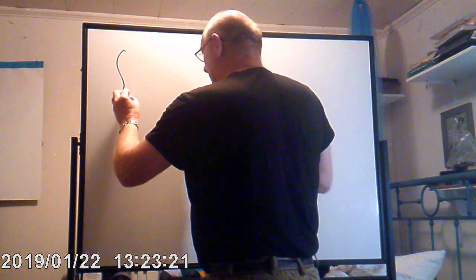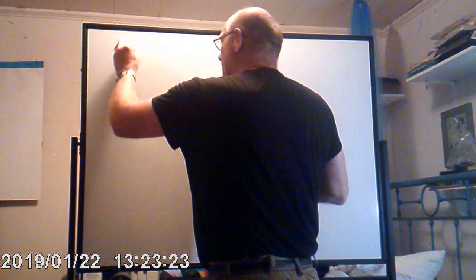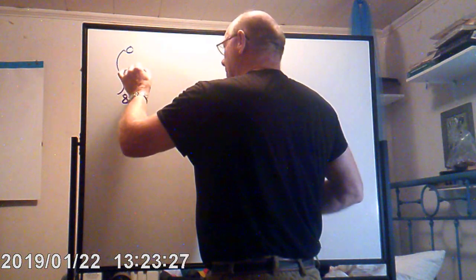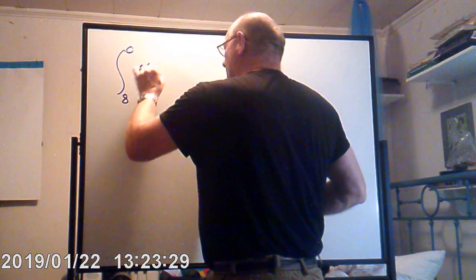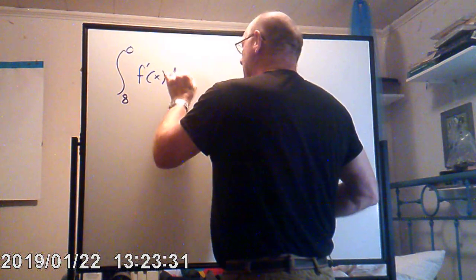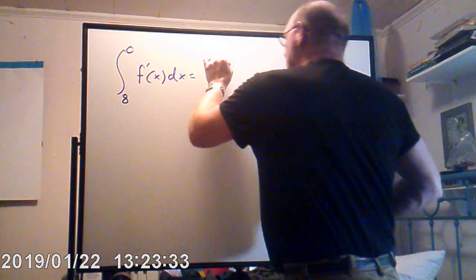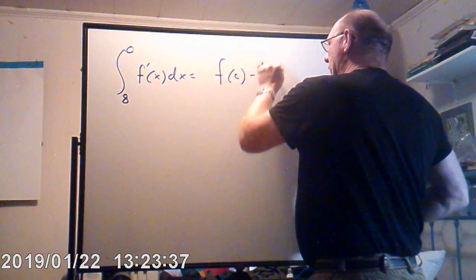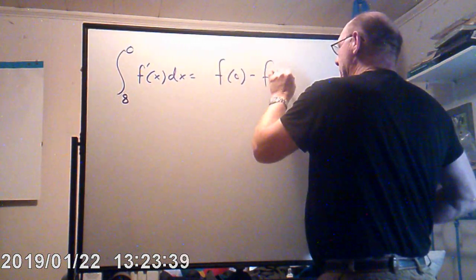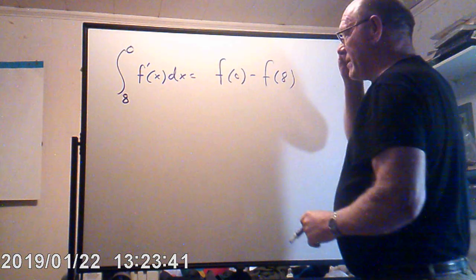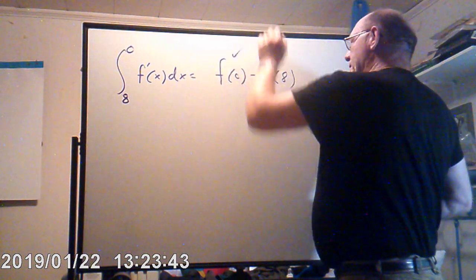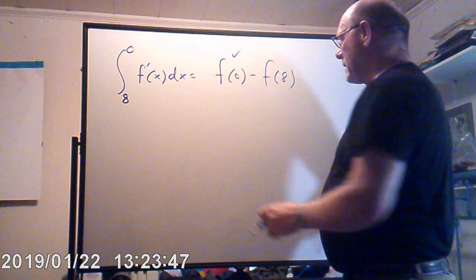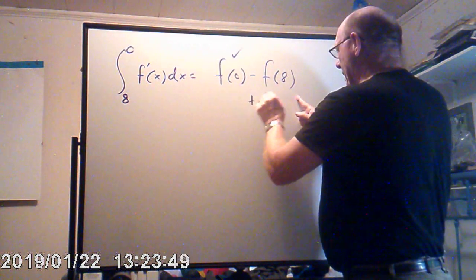I know this sounds really confusing, but you're looking at F at 0. Alright, so this is going to be the integral of F prime at x dx. This is equal to F at 0 minus F at 8. So if I'm looking for F at 0, which is one of the endpoints, I'm going to add this to both sides.